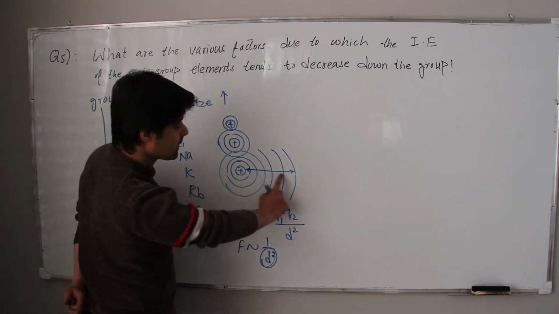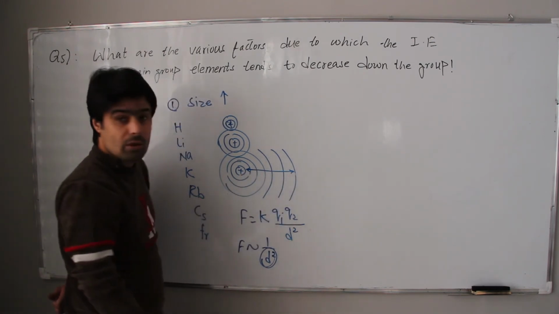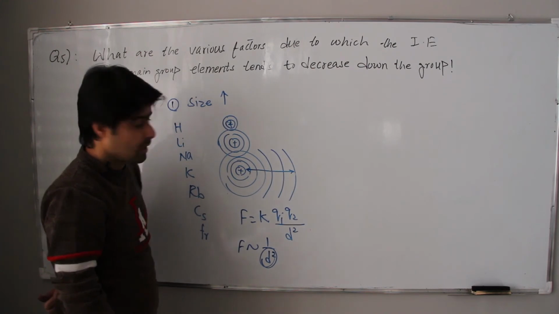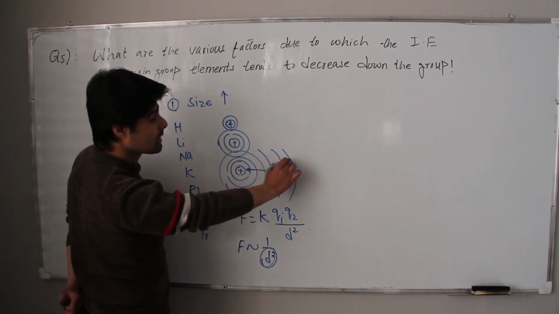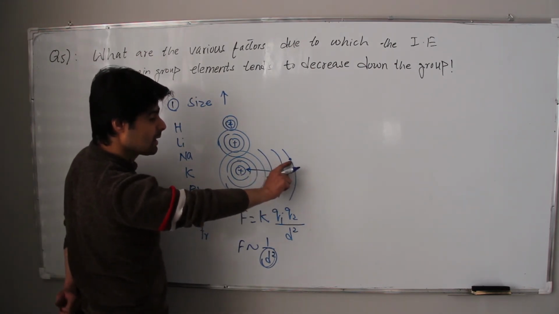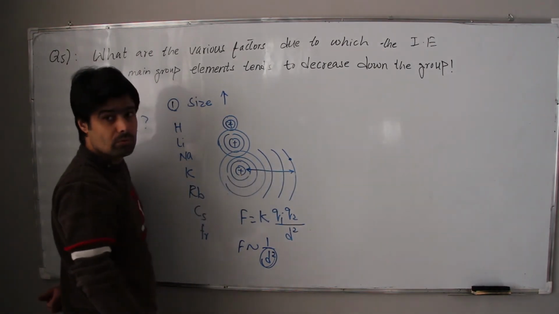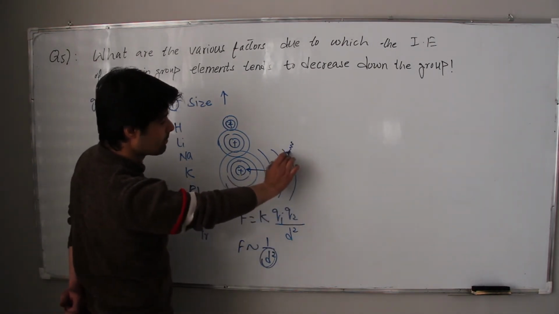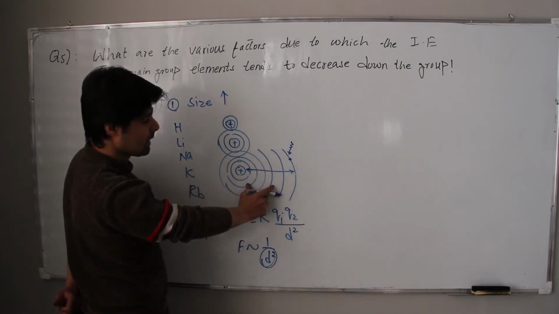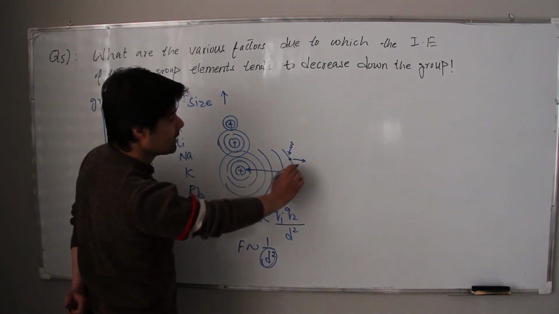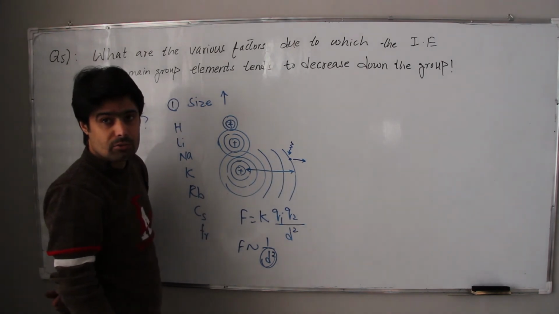Now the distance is increasing, so the force of attraction is decreasing. If the force of attraction is decreasing, the electron is not strongly bound to the proton. So by giving a small amount of energy to this atom, we can remove the last shell electron.